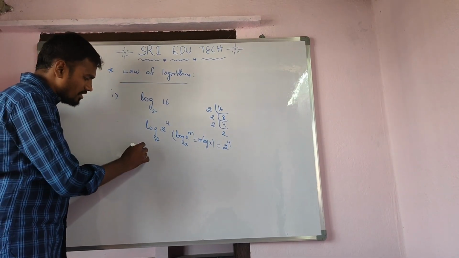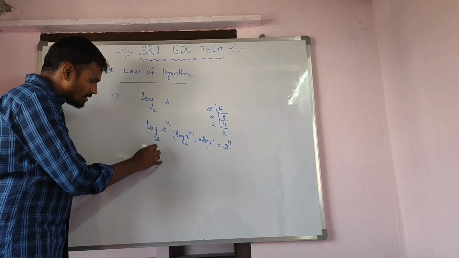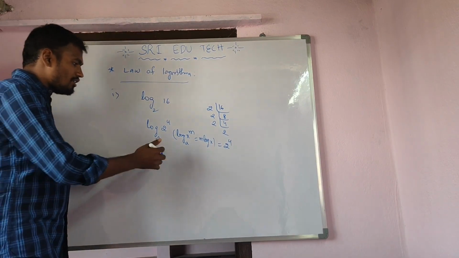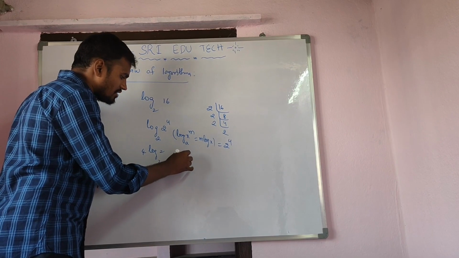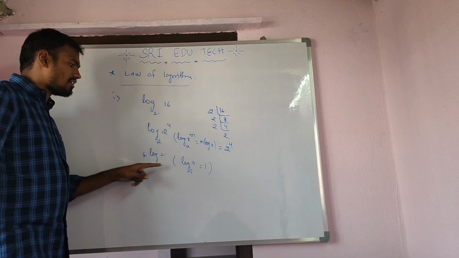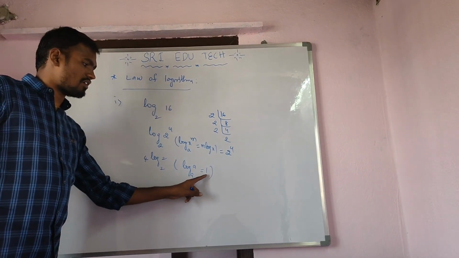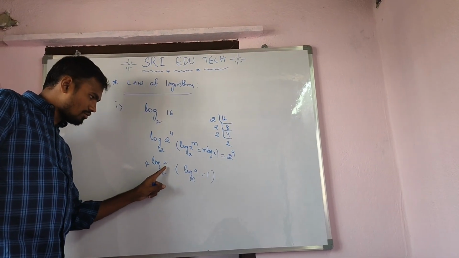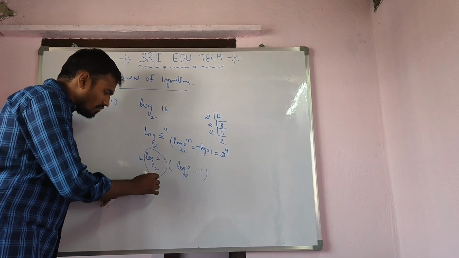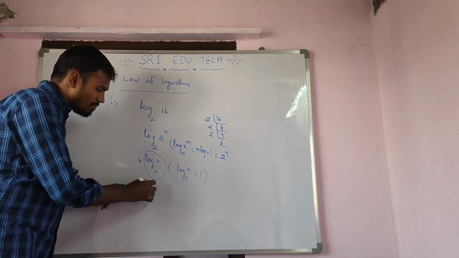Write it in front. Then 4 log 2 base 2. Again you have a formula, log a to the base a is equal to 1, amma. Log 2 base 2, so in this place you write simply 1, and in front 4.